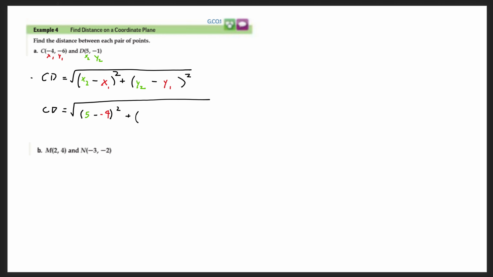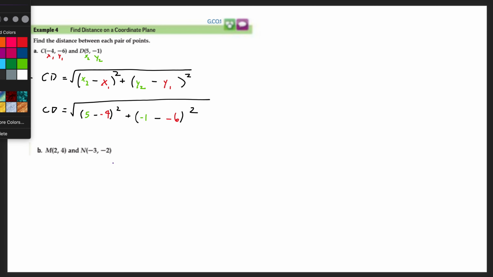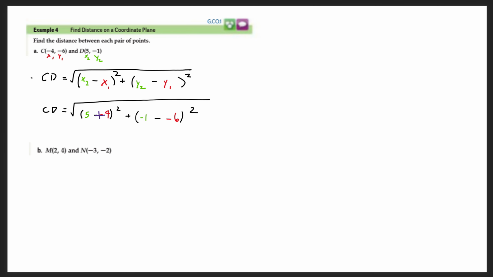Plus y2. y2 is negative 1, minus y1. y1 is negative 6, quantity squared. When we subtract a negative, we're going to change that to a plus, and we're doing that in both situations.